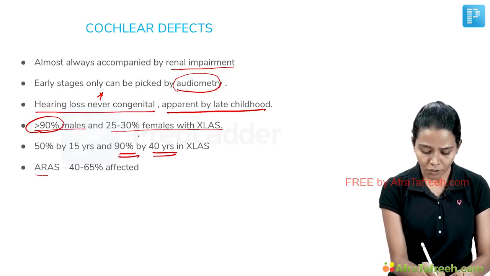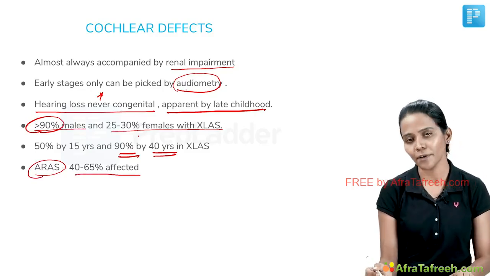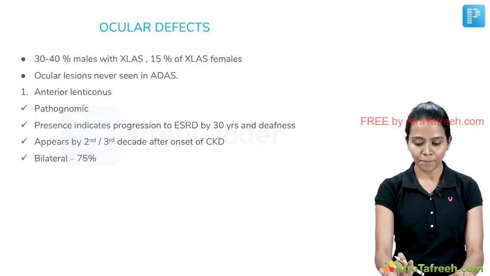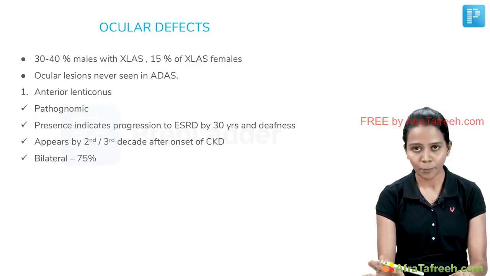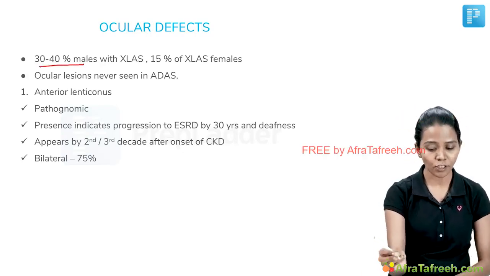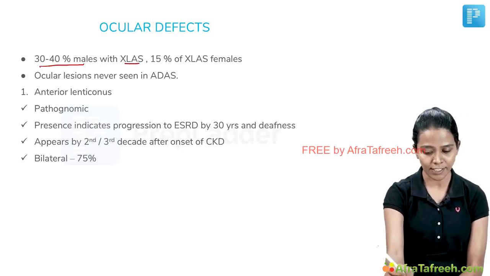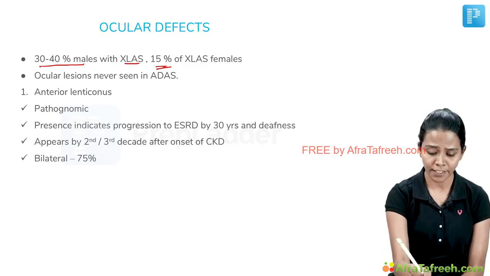In autosomal recessive Alport syndrome, around 40 to 65% of them develop deafness. Next, coming to the ocular defects. There are 4 important ocular defects that we have to know. It is mostly seen in 30 to 40% of males with X-linked AS and only 15% of females, and in autosomal dominant it is never seen.